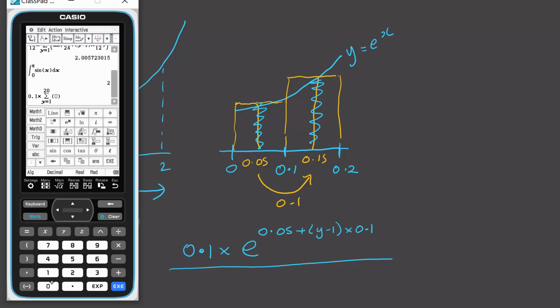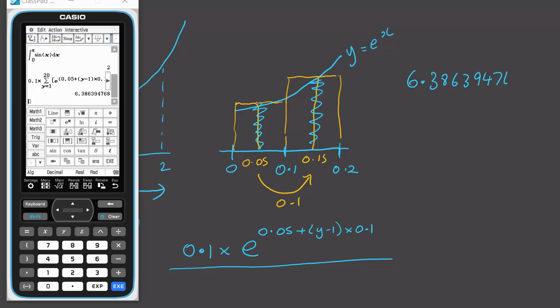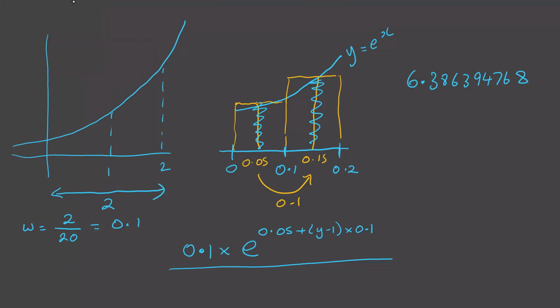And then it's going to be e to the power of 0.05 add y minus 1 times 0.1. And that ought to do it. So that gives me 6.386394768, giving the whole of the calculator display.